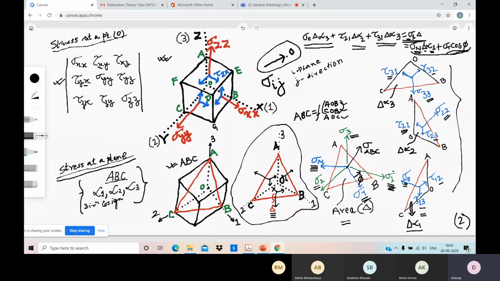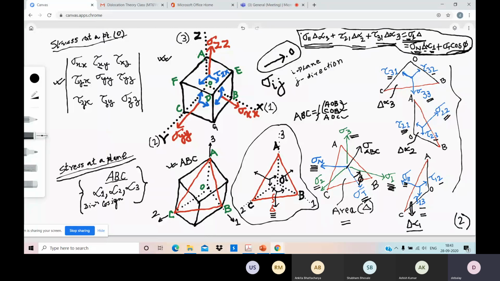So sigma n alpha 1 will be the contribution of normal stress towards sigma 1, and sigma t cos of some angle will be the contribution of shear stress on sigma 1 stress. So this makes the force balance along direction 1.